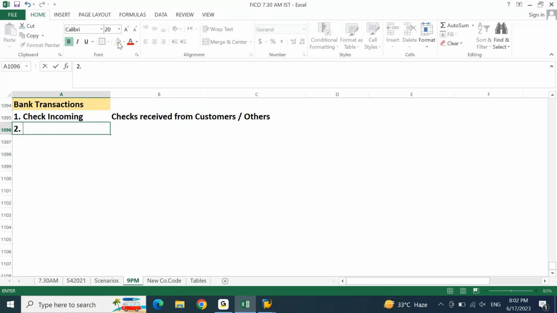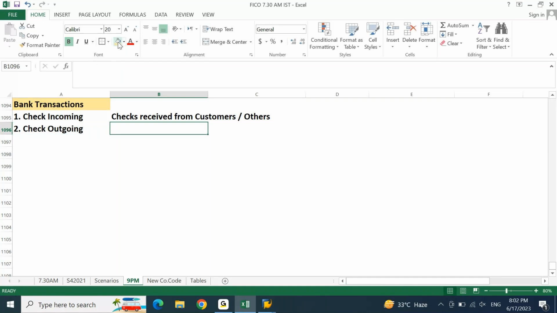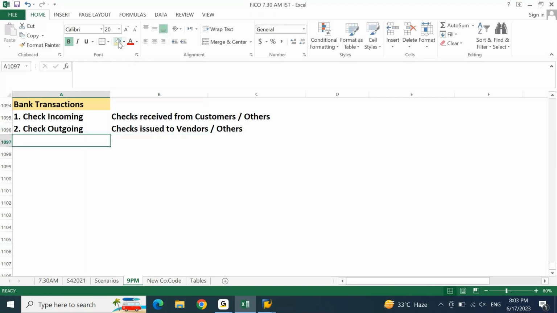Second one, check outgoing. When you talk about check outgoing, what is this? Checks issued to vendors or others. Correct? Clear with these 2 points? Check incoming, check outgoing.